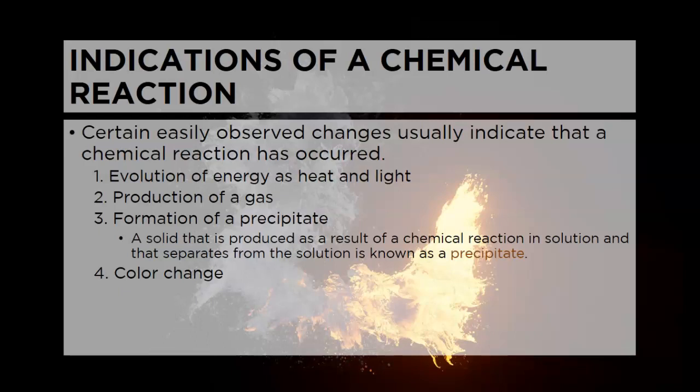But that's not a chemical reaction. That's a physical change. But production of a gas can be evidence of a chemical reaction. Just like as we did or are going to do in the magnesium oxide lab. You burn magnesium, and you see that some heat and light are given off in terms of energy.